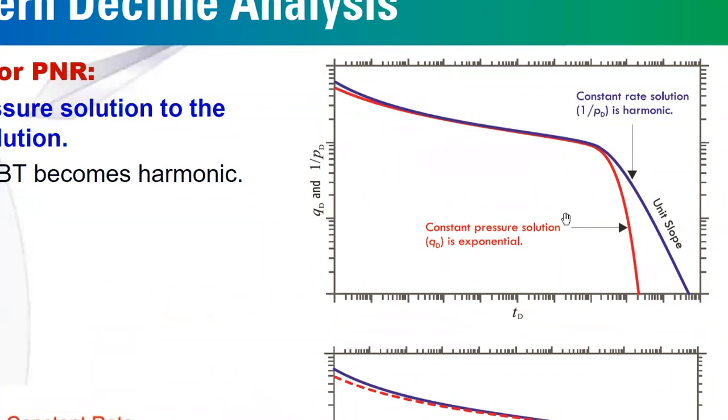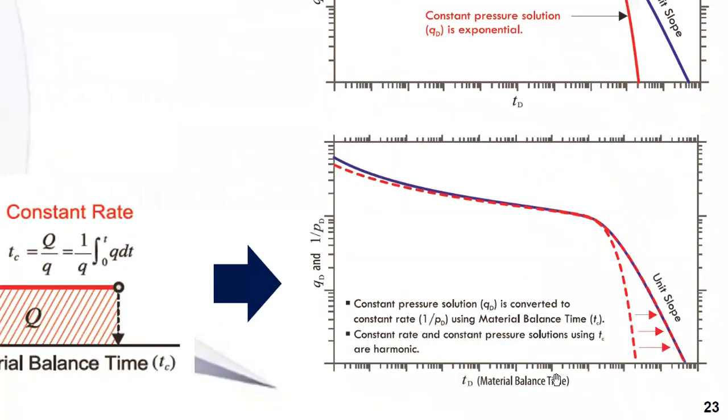As you can see, we have the constant pressure solution, which is exponential, and the constant rate solution, which is the harmonic. But by using the material balance time, the constant pressure and the constant rate solutions will be merged together. That's why this is the major principle for rate transient analysis.